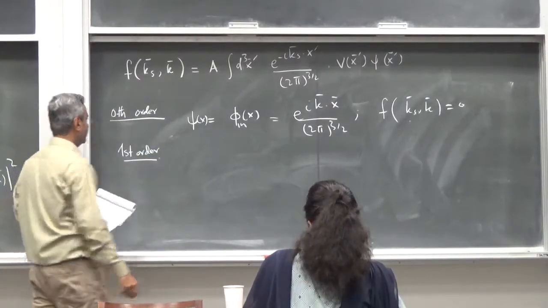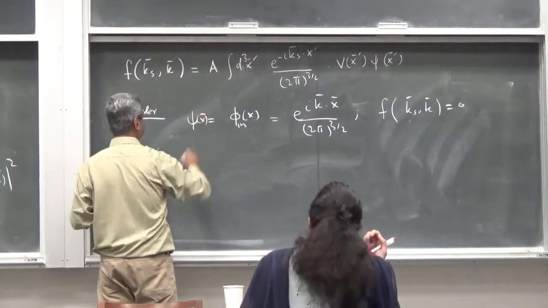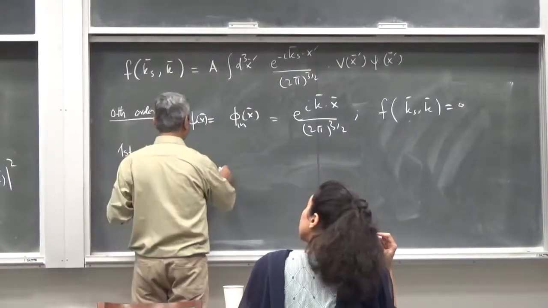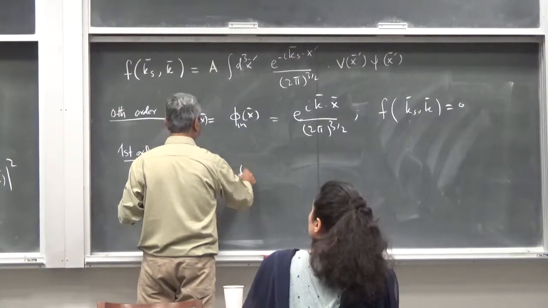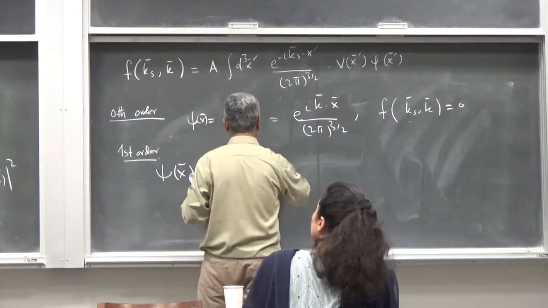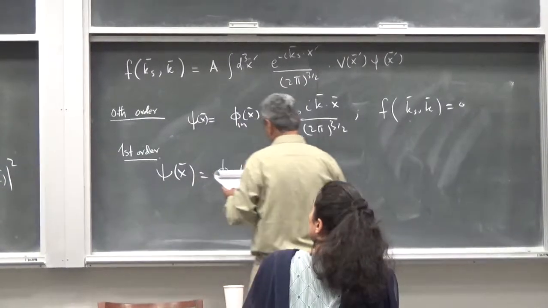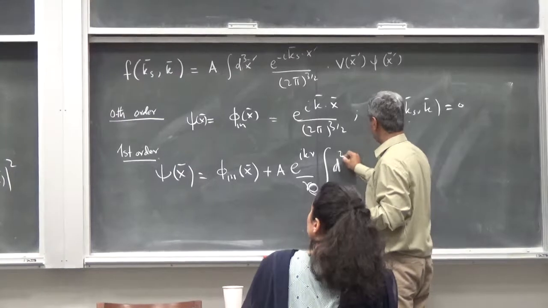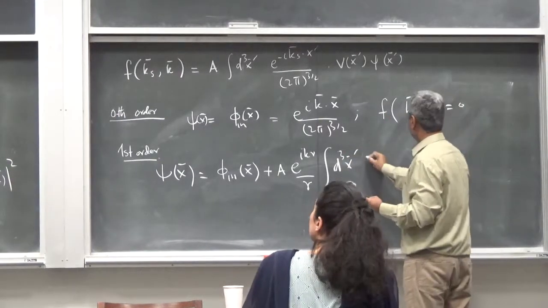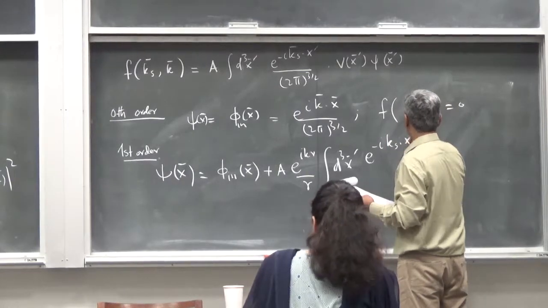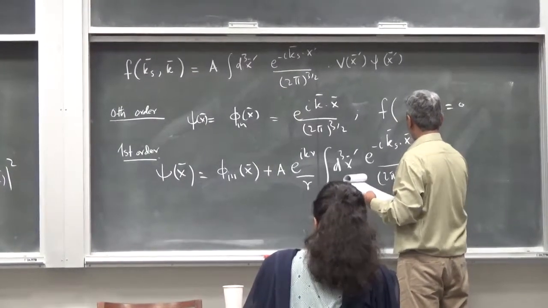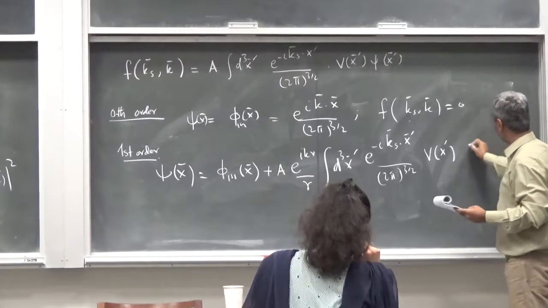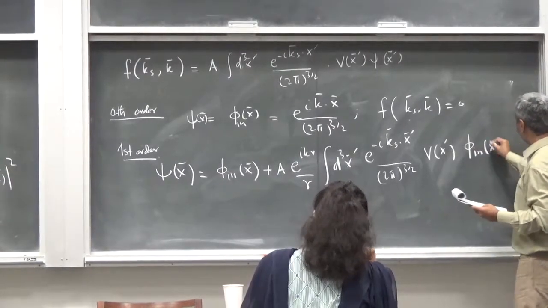First order. The first order is that psi of x is phi incident of x minus a or plus a e to the I k r over r d3 x prime e to the minus I ks dot x over 2 pi 3 half V of x prime, and now instead of psi, we have phi incident.